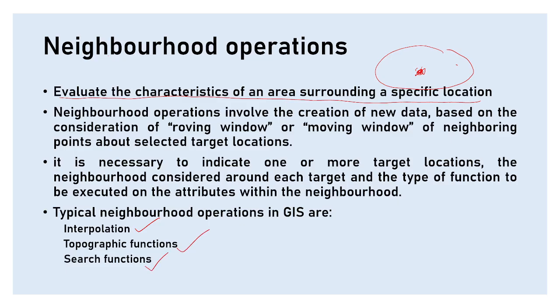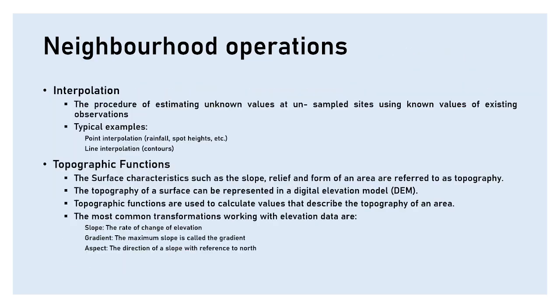Now, last time we have already discussed this interpolation in a little bit more detail. So we can just recap it so you remember and then we understand why it is considered as a neighborhood operation. So in interpolation, the procedure is estimating unknown values at unsampled sites using known values of existing observations. In simple terms, for instance, you have the elevation data of a mountainous region.